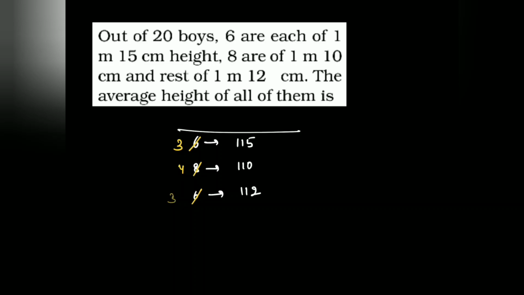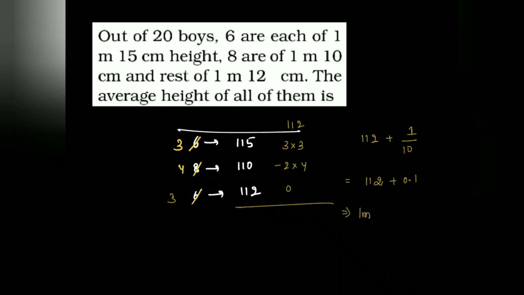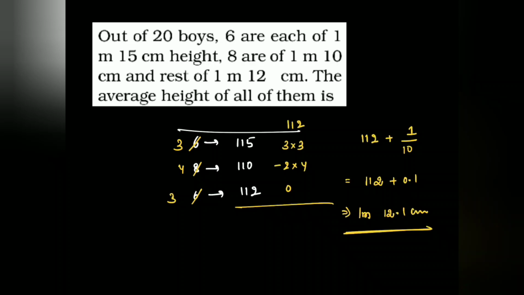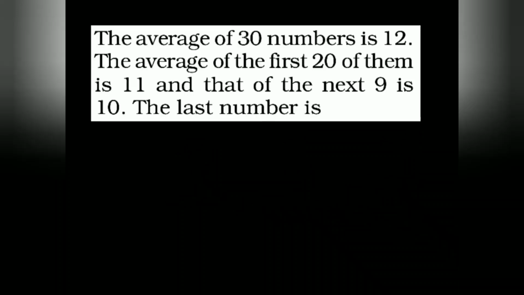Your assumption is 112, you take it. Plus 3 into 3, minus 2 into 4. This is anyway 0. So you can take 112 centimeters as your assumed average. Your deviation is plus 1 divided by 10. So which is 112 centimeters plus 0.1. So you can take it as 1 meter 12.1 centimeters. That is your answer there.